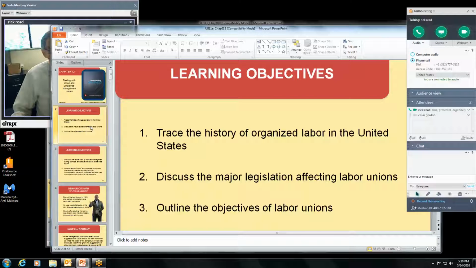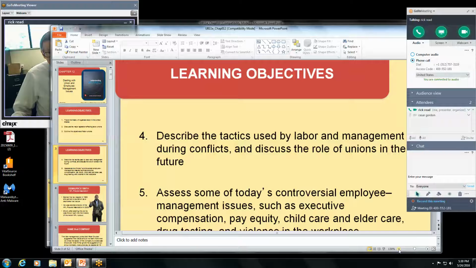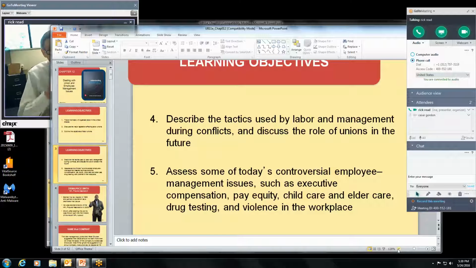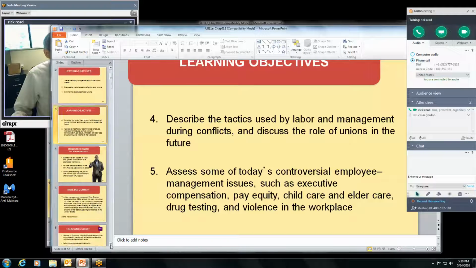The objectives for this chapter: we're going to look at the history of organized labor in the U.S., look at the major pieces of legislation that affect labor unions, outline the objectives of labor unions, describe the tactics used by both labor and management during conflicts, and look at what might be the role of unions in the future, and then assess some of today's controversial employee management issues such as executive compensation, pay equity, child care, elder care, and then drug testing and violence in the workplace.